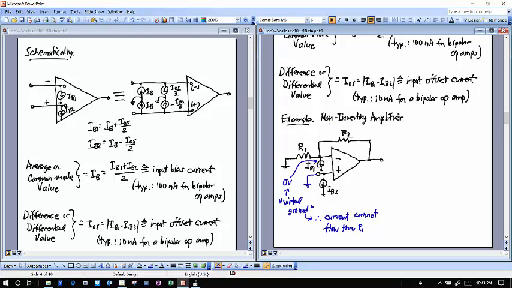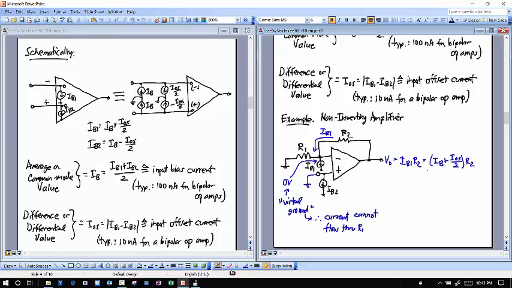And so the only way that that IB1 can flow is through resistor R2. So I have that IB1 now flowing through resistor R2, which means that the output voltage of this thing has to be equal to IB1 times R2, okay, which I can write in terms of my specific common mode and difference or offset current using the equations above, which means it becomes this.